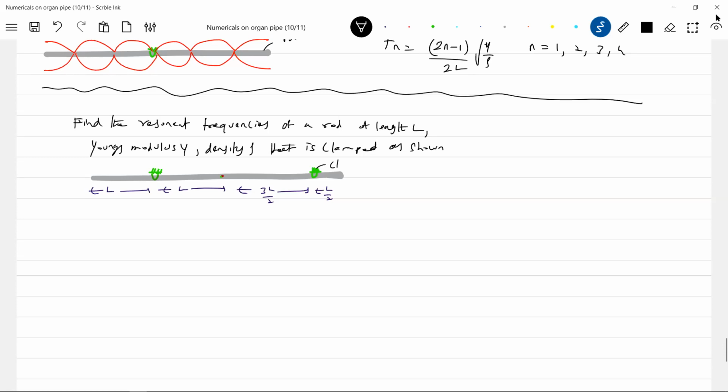So this is a clamp. Clamp means I'll take a nail and I'll see that it will not vibrate. And what is a clamp? Clamped point should not vibrate.